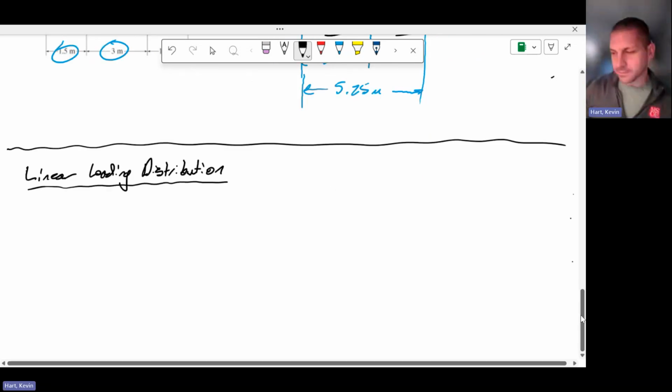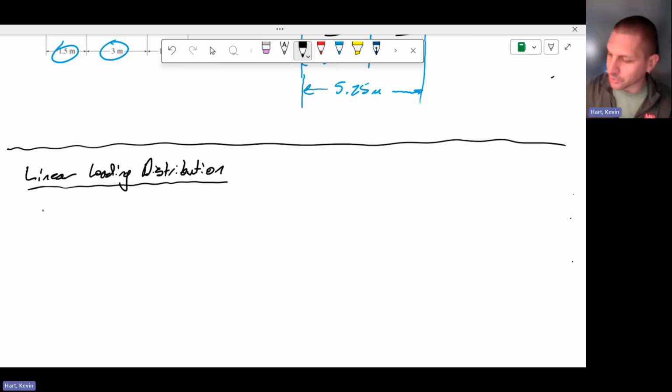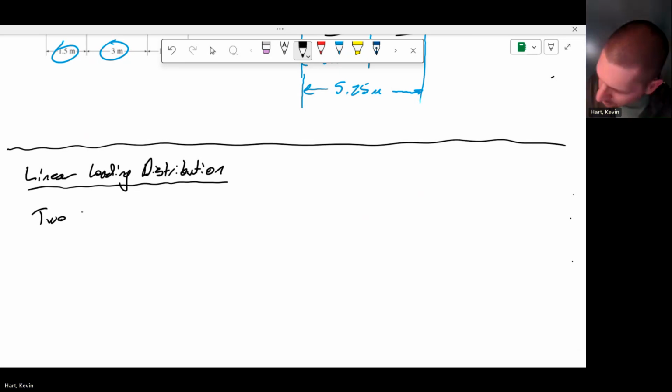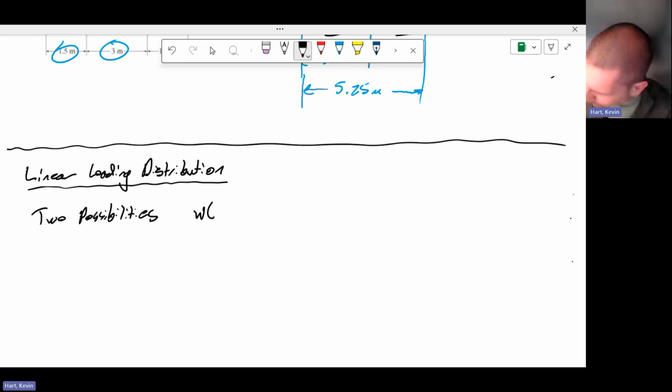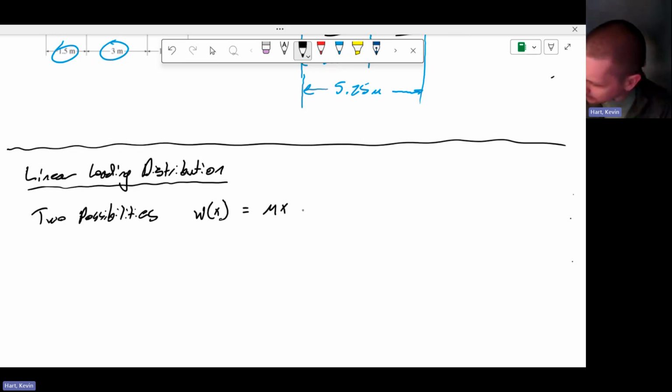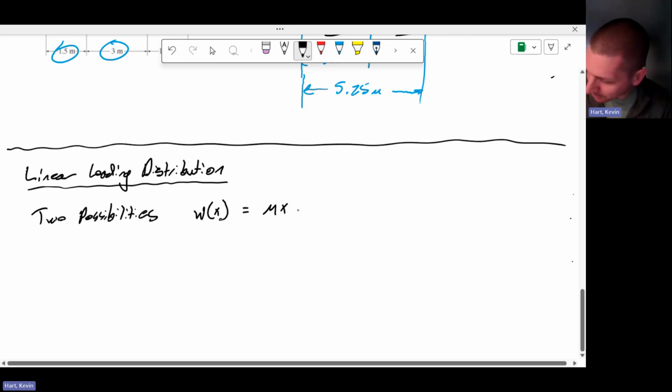So with a linear loading distribution, we could have two possibilities. That is that our loading function w(x) starts at 0, meaning we have some mx. Typically you'd have mx plus b here, but starting at 0.